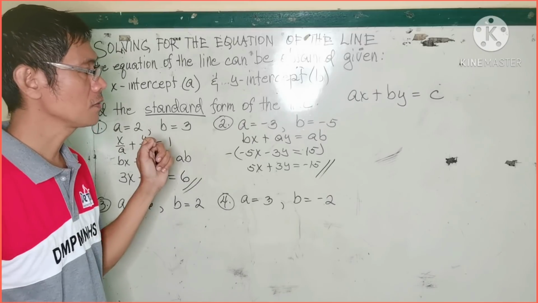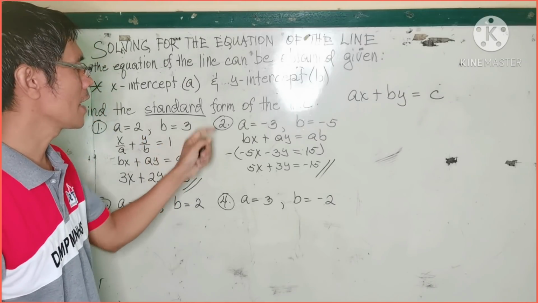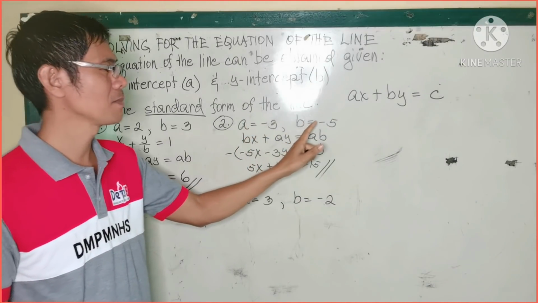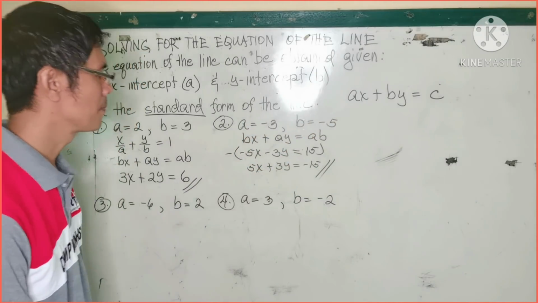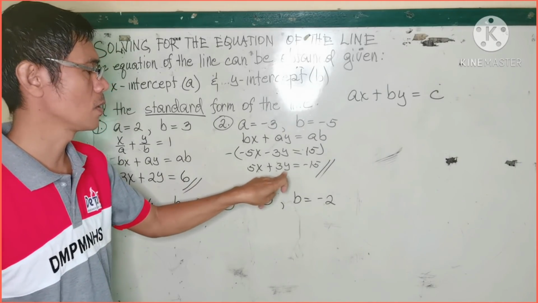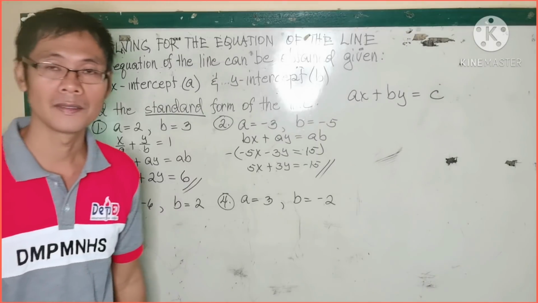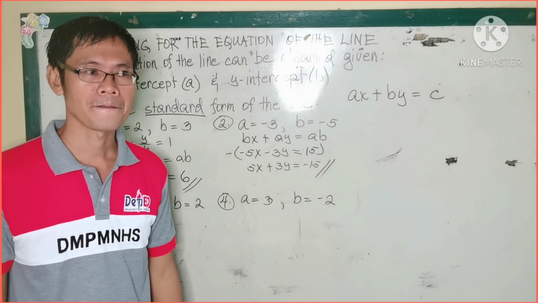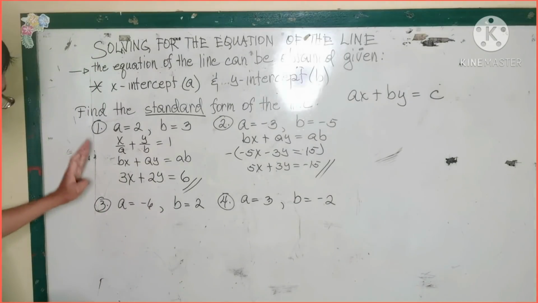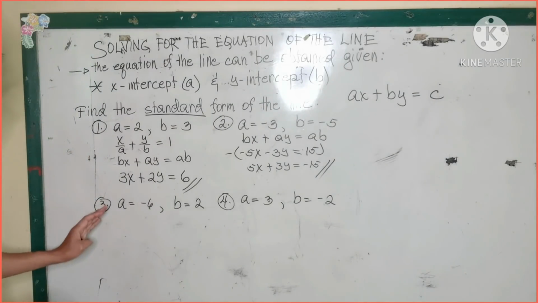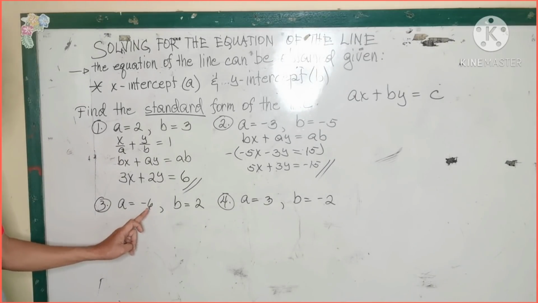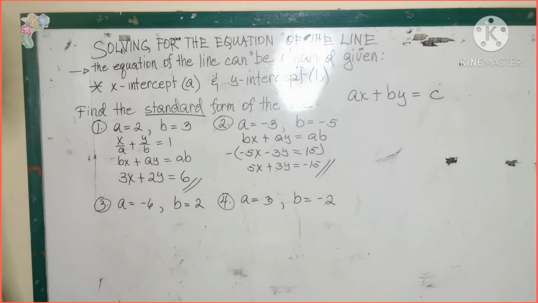So the equation of the line having the x-intercept of negative 3 and y-intercept of negative 5 is equal to 5x plus 3y equals negative 15. Okay, so hope you can follow. Yeah? So continue. For number 3, x-intercept is negative 6, y-intercept is negative 2.